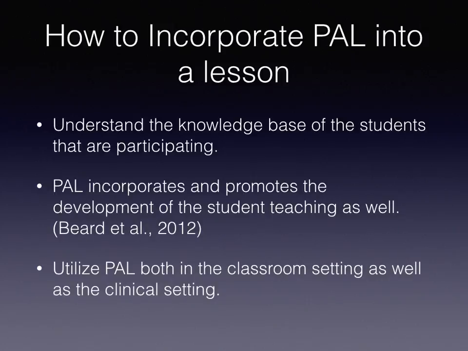Now, how do we incorporate peer-assisted learning into a lesson? Well, one of the biggest things is understanding the knowledge that each student has. So if you have two students and one is at a higher level than the other, each of them is going to have their own strengths and their own weaknesses.